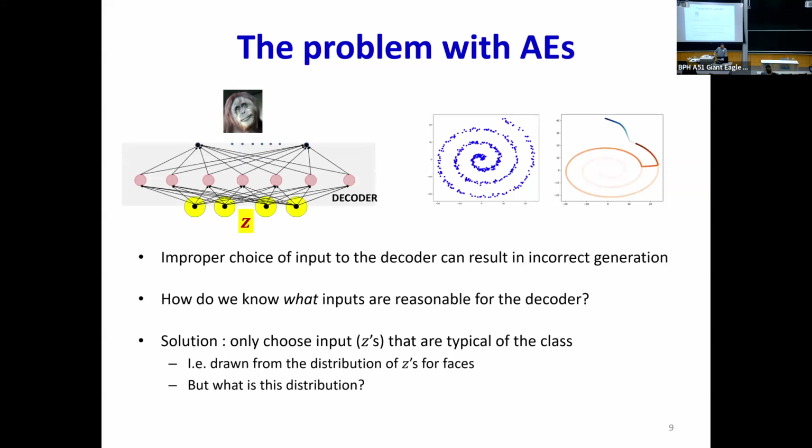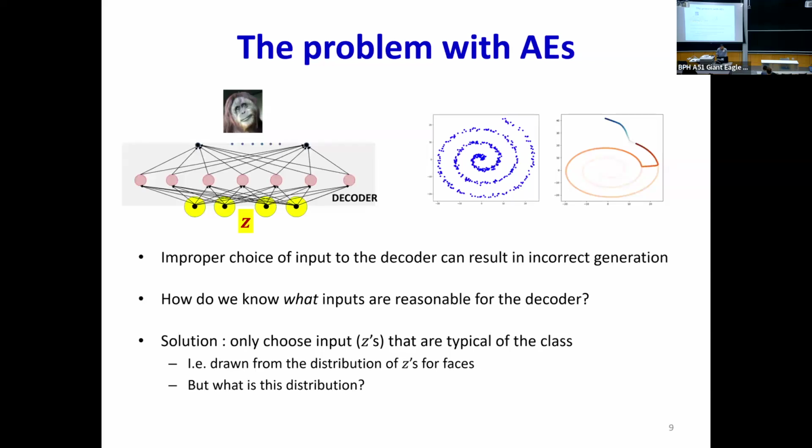Similarly, when you begin feeding it new z values outside the range of what it had seen in the training data, then it no longer follows the spiral, it goes off and wanders elsewhere. So both within the space of training examples and outside, in regions where the z values have not been seen, the behavior of the decoder, of the autoencoder in general, can be unpredictable.